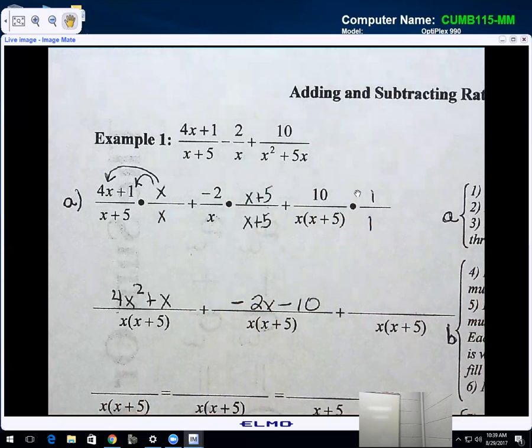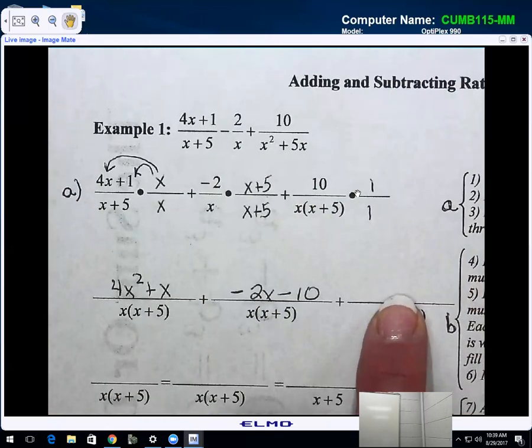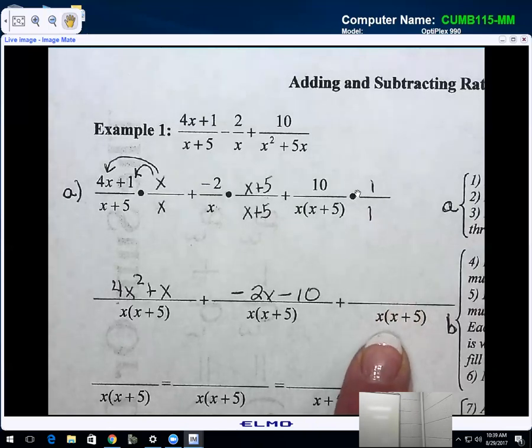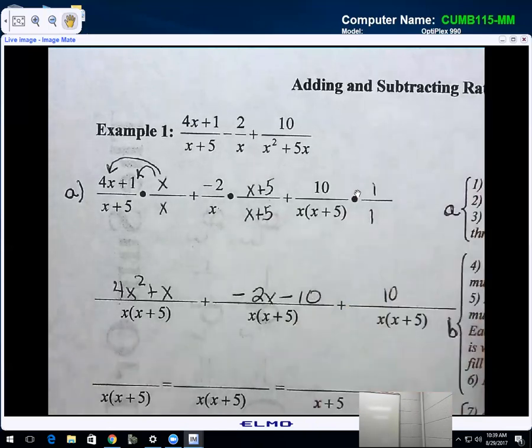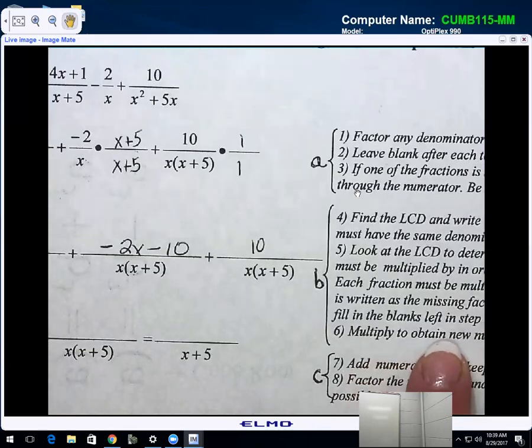I may have forgotten to distribute that negative. Putting it in the numerator is what helps me remember to distribute it completely. And what's this third fraction numerator going to be? It's still just 10. That's step 6, multiply to get your new numerators.